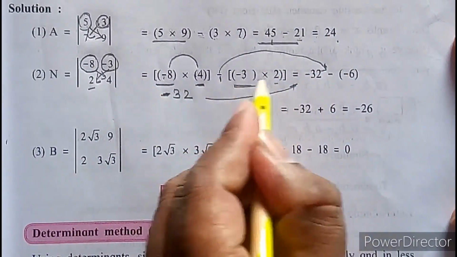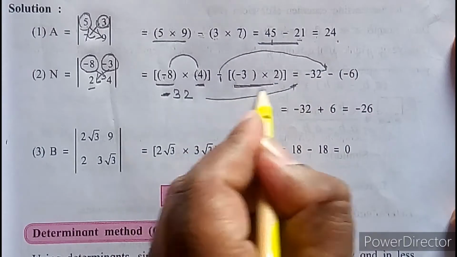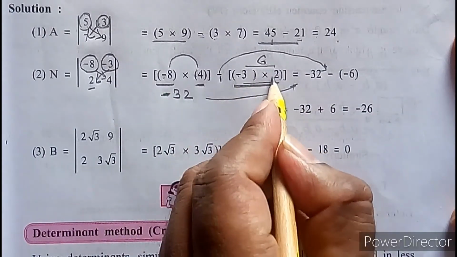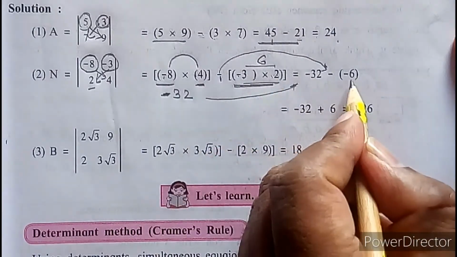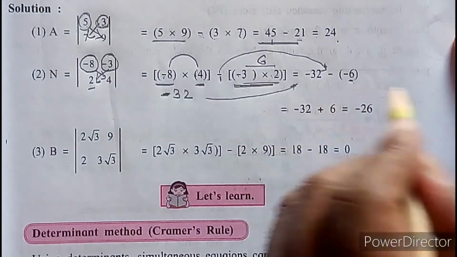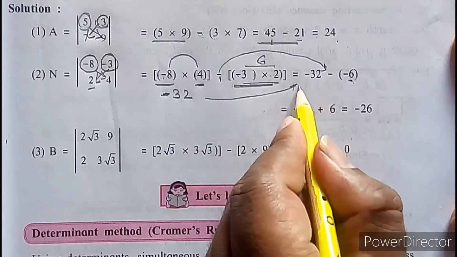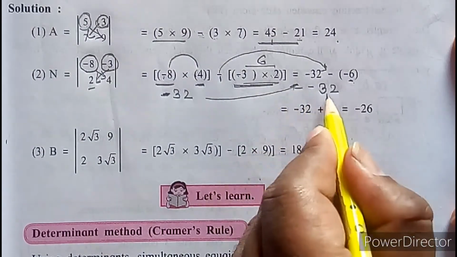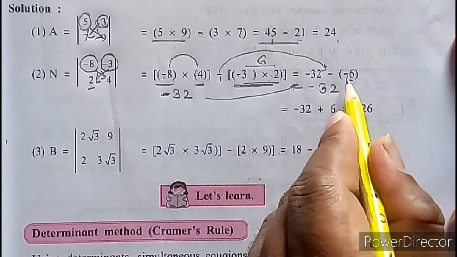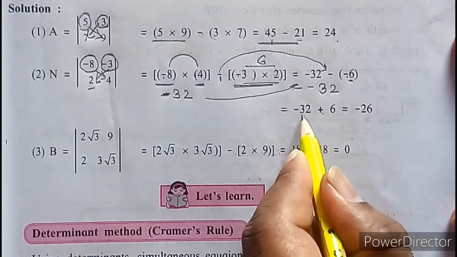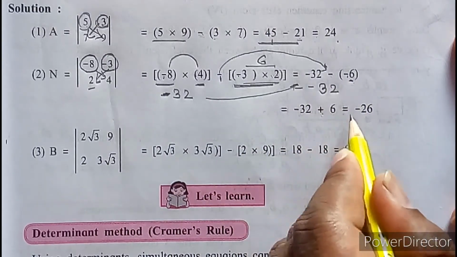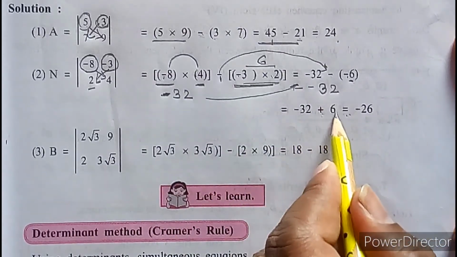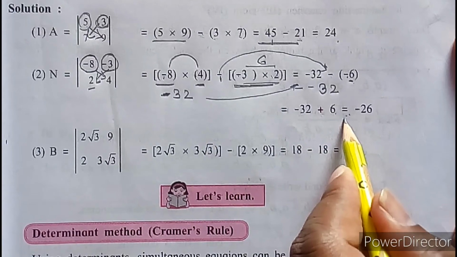Now 3 into 2 is 6, but minus into plus is minus, therefore the answer is minus 6. Now this minus 32 and this minus minus becomes plus, therefore minus 32 plus 6 equals minus 26.